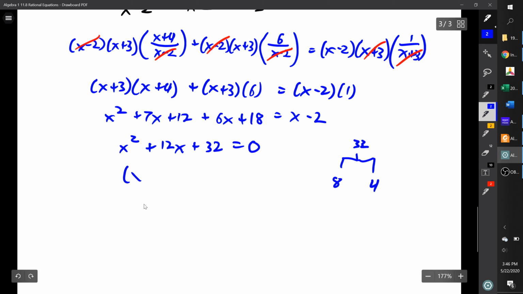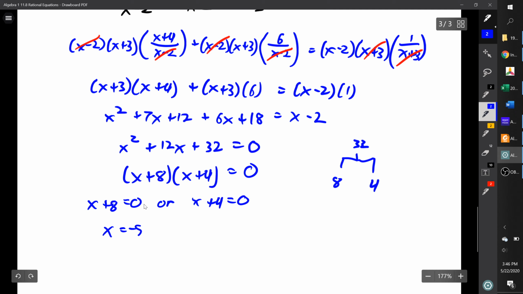So this can factor straight to be x plus 8 times x plus 4 equals 0. So x plus 8 equals 0, or x plus 4 equals 0. So then x equals negative 8, or x equals negative 4.